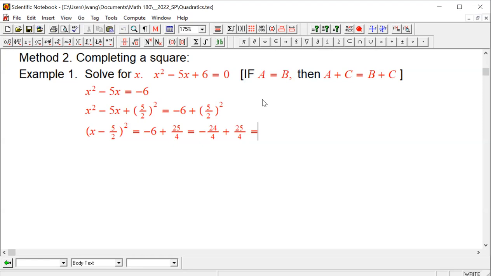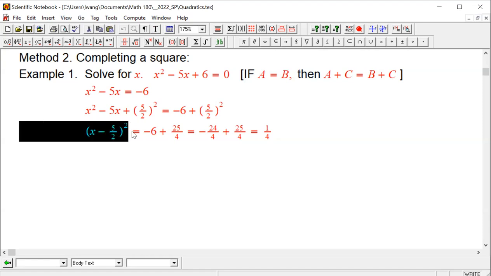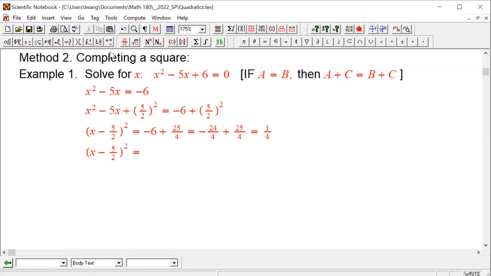So in the end, we get 1/4, since -24 plus 25 equals 1. So now we have this perfect square on one side, and the other side is a quarter. So this is using the completing a square method. We're not done yet.